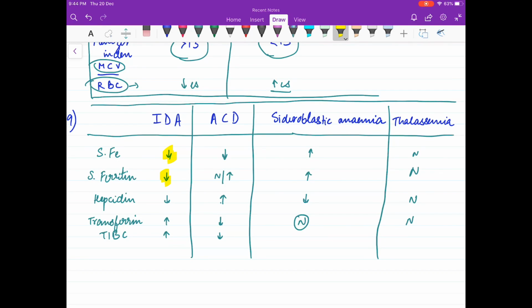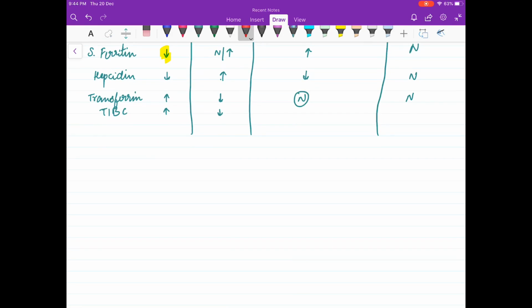Hepcidin, I will tell you, in anemia of chronic disease. In anemia of chronic disease, the hepcidin production increases. This hepcidin prevents the release of iron from the macrophages.